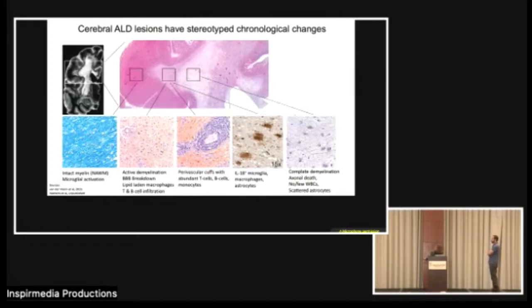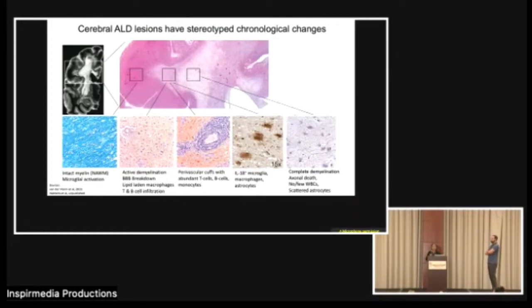Here, this is what our lab did, and we look at one marker for ALD. We could see that immune cells, macrophages, monocytes, and sometimes astrocytes express IL-18. IL-18 is a factor of innate immunity.